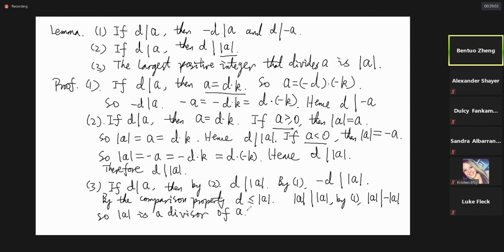And because of this lemma, for the remainder of our discussions about number theory, we restrict ourselves to just positive integers, because the negative counterpart is similar, because you are free to put negative signs in front of the numbers. So we only restrict ourselves to positive integers.